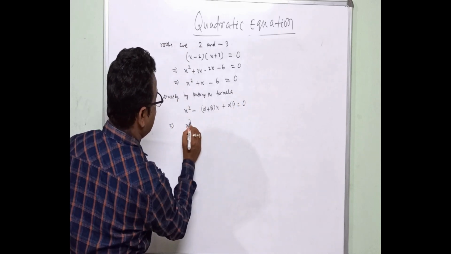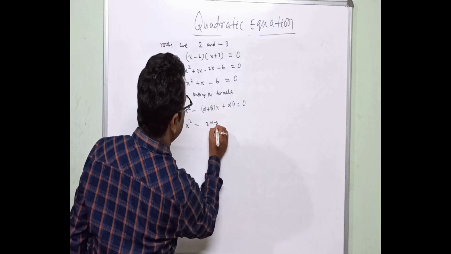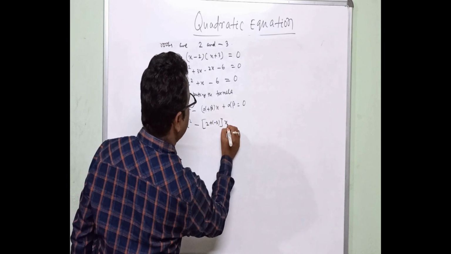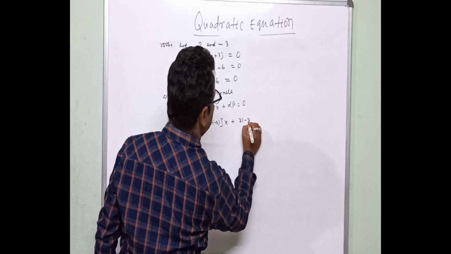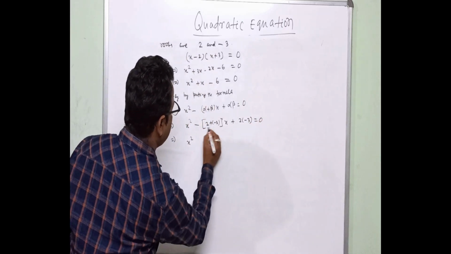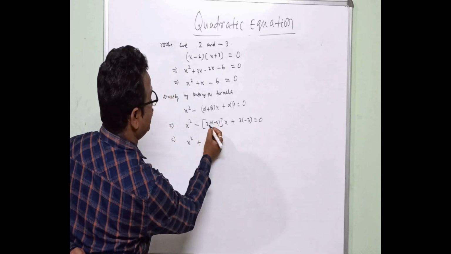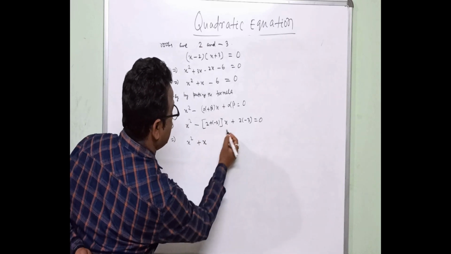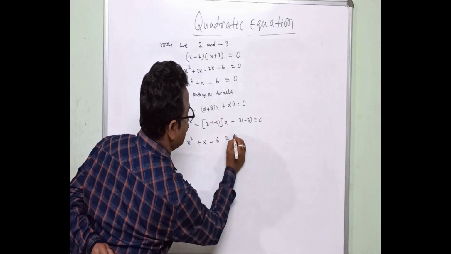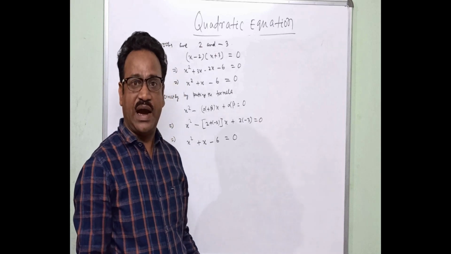That implies x square minus (2 plus minus 3) into x plus 2 into minus 3 is equal to 0. That implies x square minus (minus 1) x minus 6 is equal to 0, so plus, that is x square plus x minus 6 is equal to 0. So any one of the methods you can adopt.